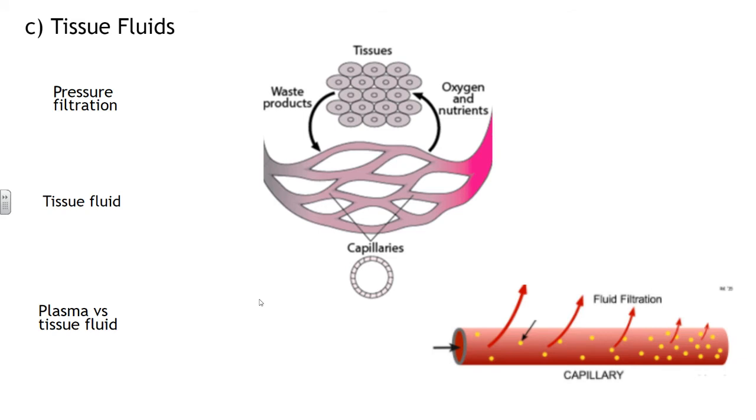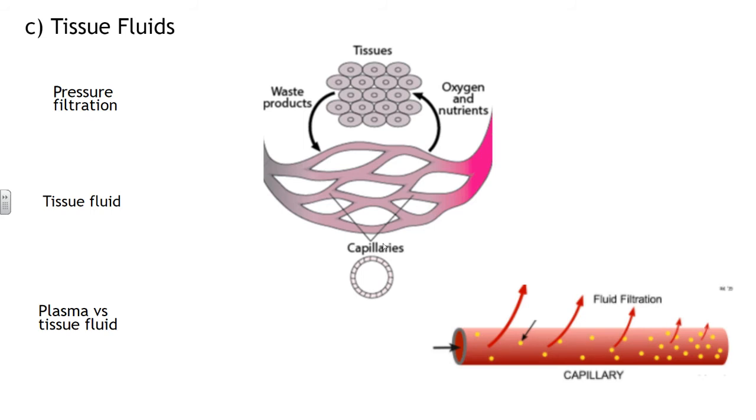So we're looking at the exchange of materials between tissue fluids and cells. We have this thing called pressure filtration. The high pressure of the arterial flow, coming along the artery, which has smooth muscles that allow it to withstand the pressure, and then suddenly the fluid is going into the capillaries, which we discussed have this thin endothelial wall.